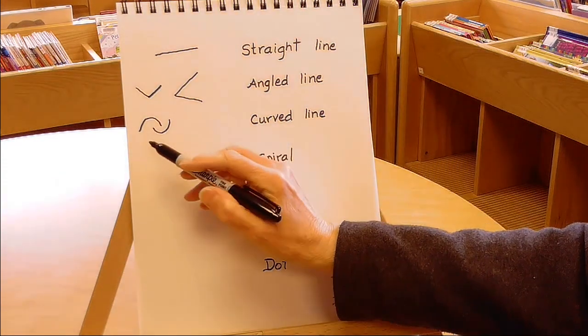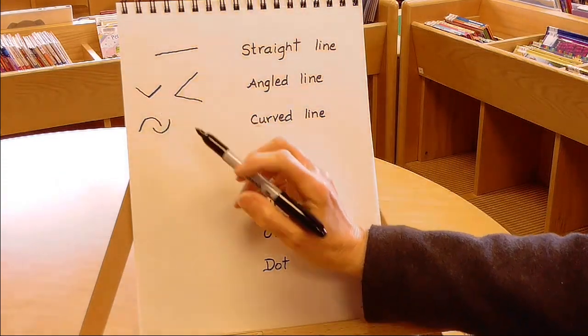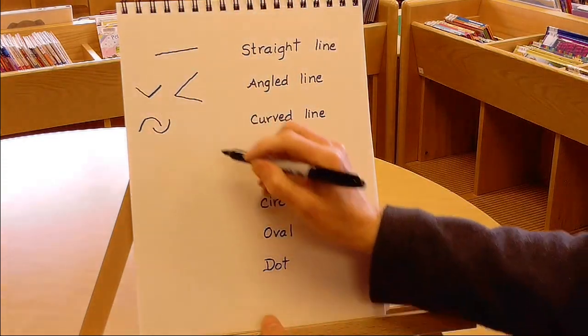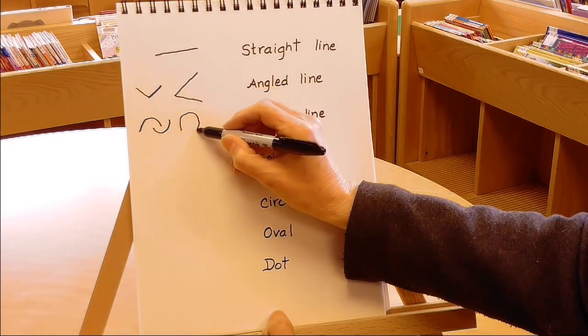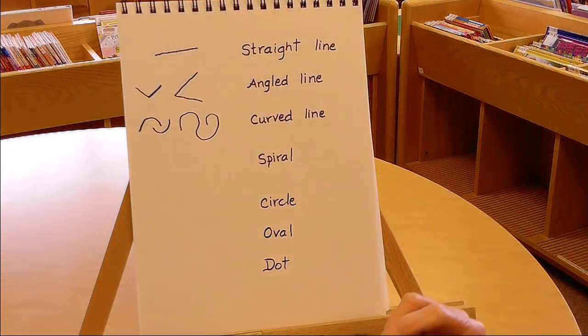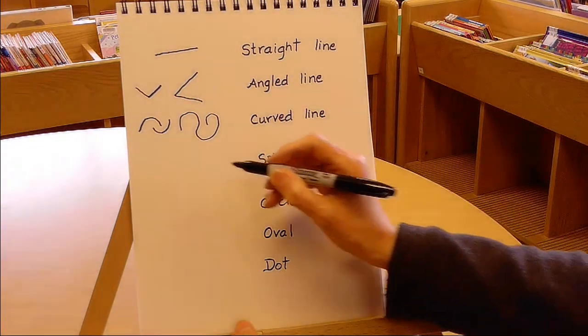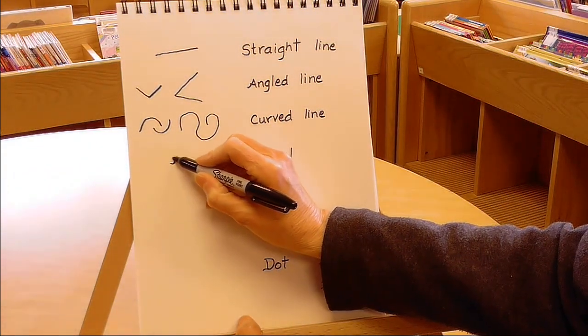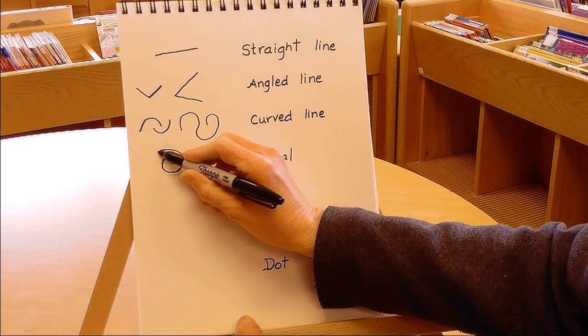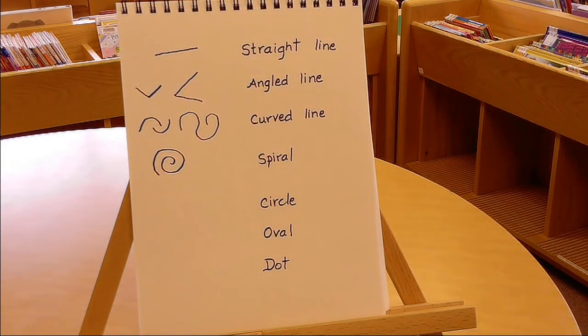So you have something that looks like a hill or like a U, or you could have something that curves around all over the place. However many curves in which direction is going to be determined by what you're trying to draw, but it is not straight.